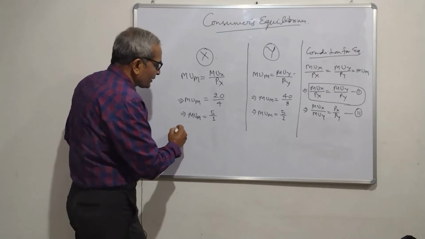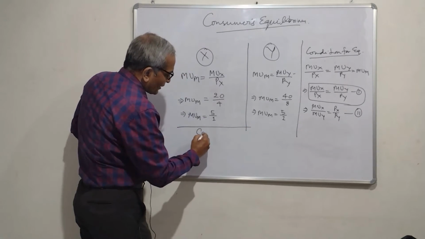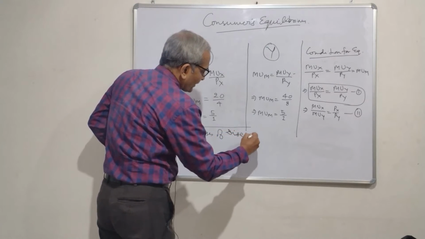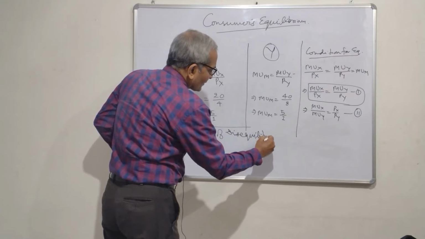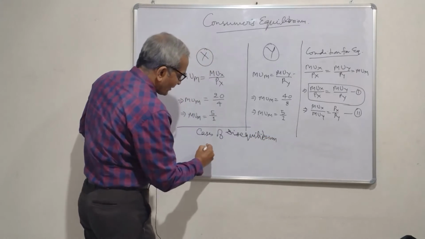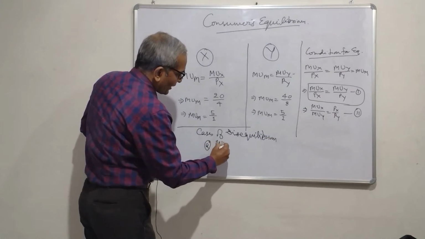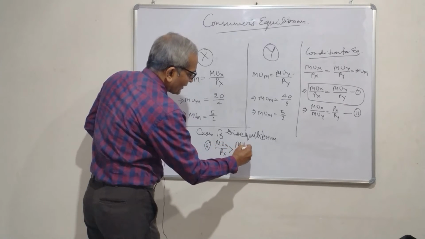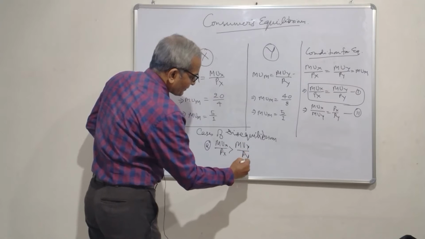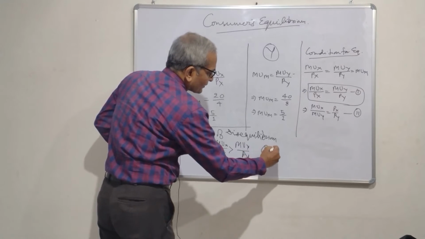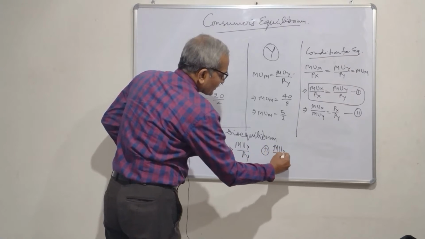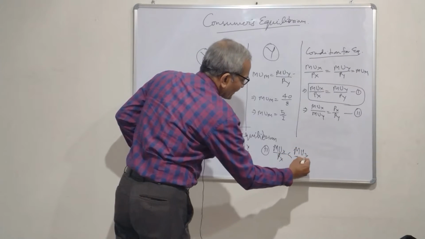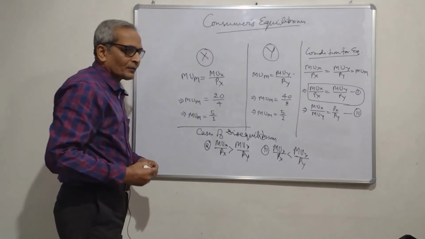Similarly, here the cases of disequilibrium are: A, MUX by PX is greater than MUY by PY, and in the second case, MUX by PX is less than MUY by PY.